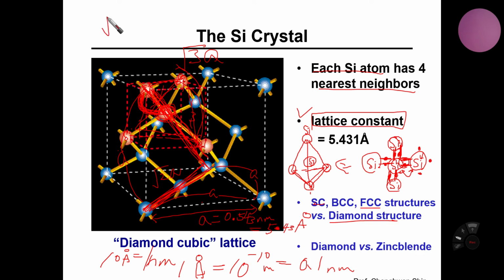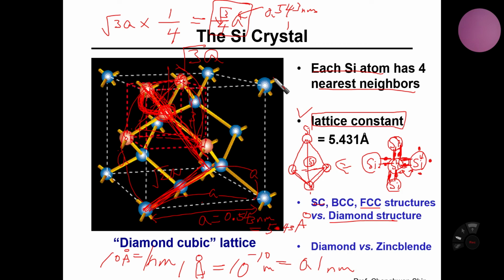Therefore, the whole diagonal line is square root 3 times A, and since this silicon atom is placed at 1 over 4, it is square root 3 over 4 times A. So if you plug in the 0.543 nanometer here, then you can estimate the minimum distance between two silicon atoms in silicon crystalline material.